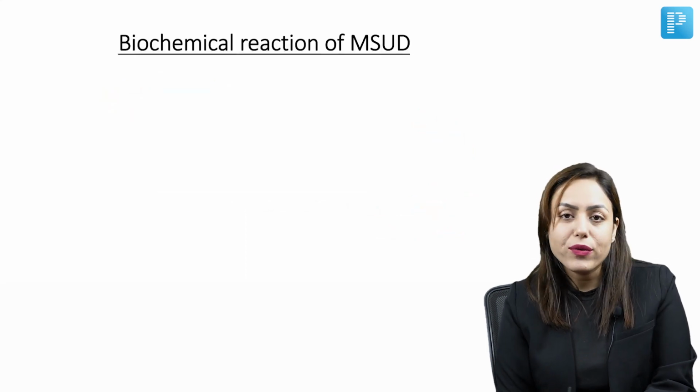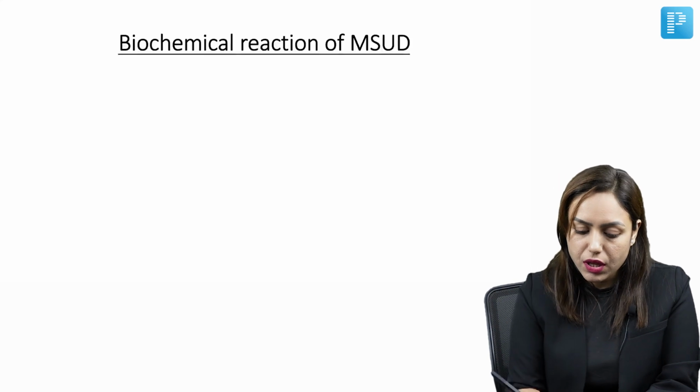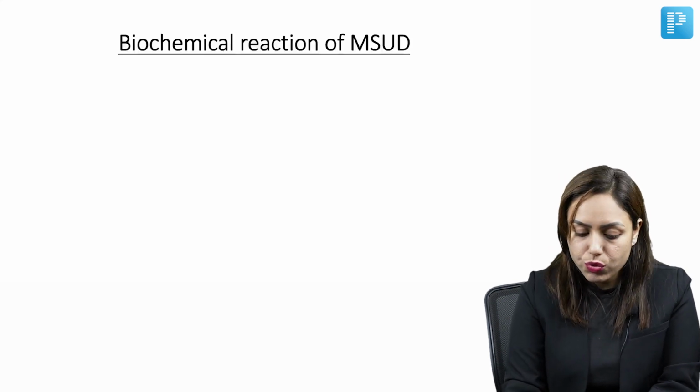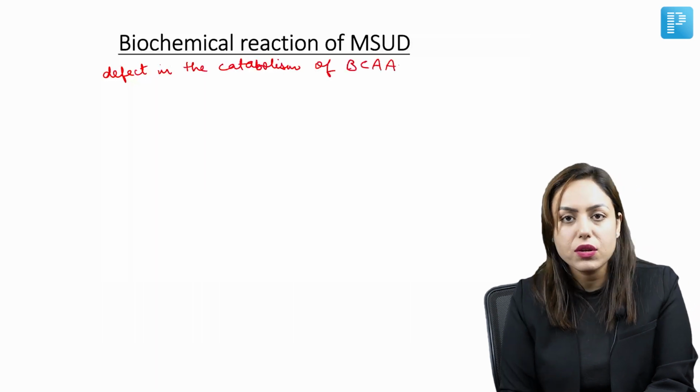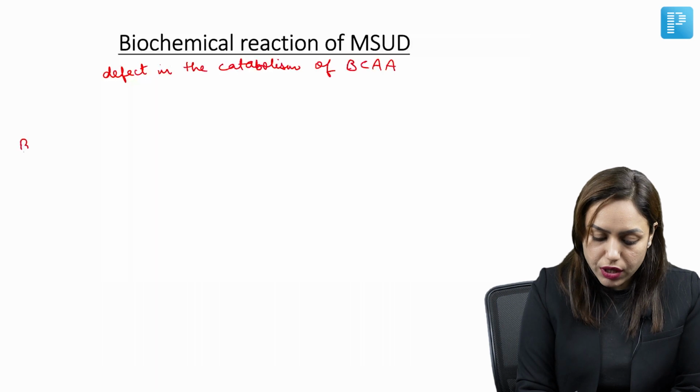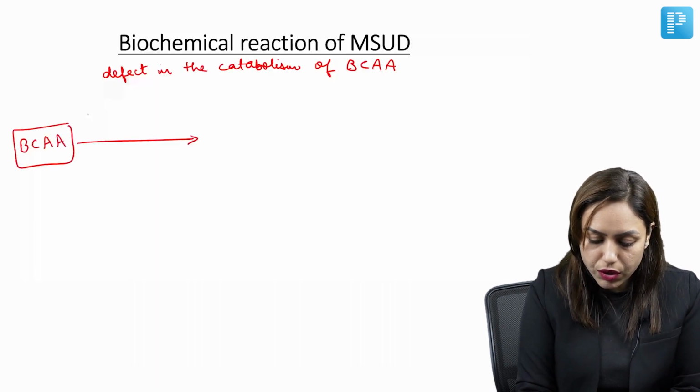Now, let's see the biochemical reaction which is affected in case of MSUD. This MSUD is a defect in the catabolism of branch chain amino acids. Usually for any amino acid, what is the first step in catabolism?